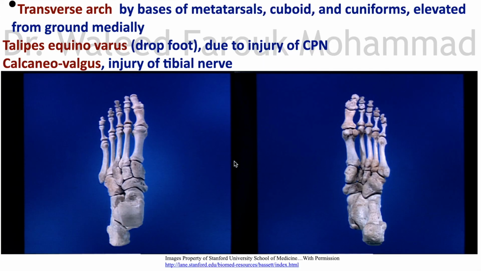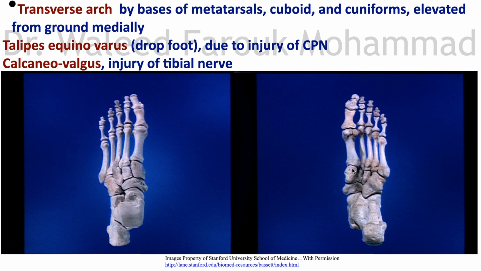The transverse arch is formed by the bases of the metatarsals, the cuboid, and the cuneiforms. See that? It's concave upwards, and elevated from the ground medially, along with the medial longitudinal arch. Now, what's the main support for this transverse arch?